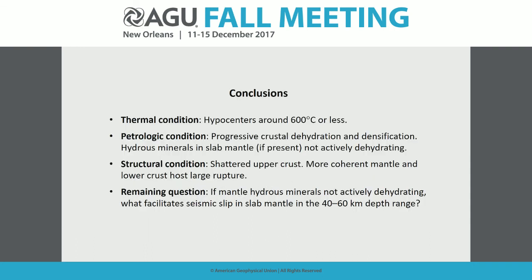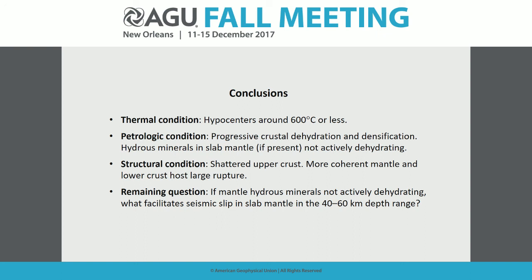So the conclusions: the thermal condition, the hypocenters for these earthquakes are around 600 degrees or less, with some uncertainties. The petrologic condition: there's progressive crustal dehydration and densification, and hydrous minerals in the slab mantle, if present, are not actively dehydrating.